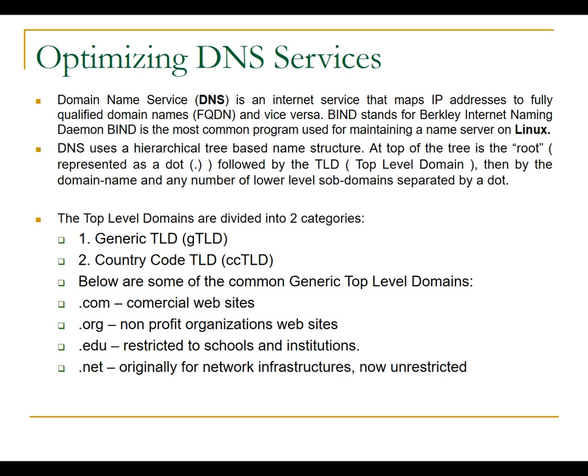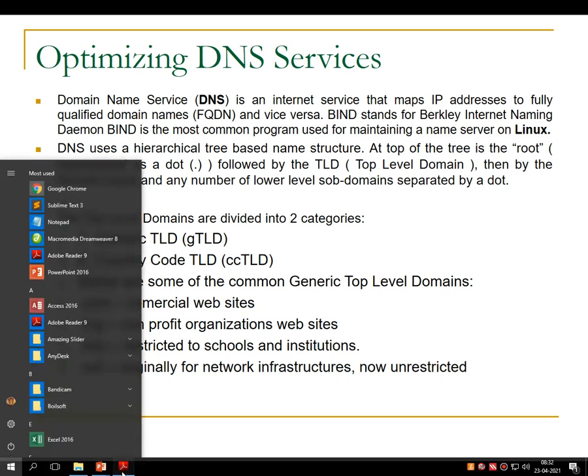Generic domain is generally used for various commercial purposes, education purposes, organization purposes, network infrastructures, and so on. A country-specific domain is used only when the website is country specific. For India, .in is used. For the UK, .uk is used. For the US, the domain is .us, and so on.